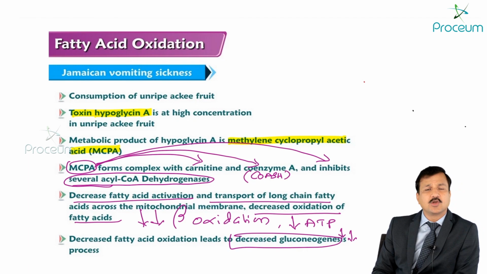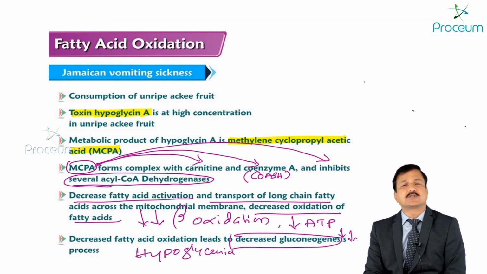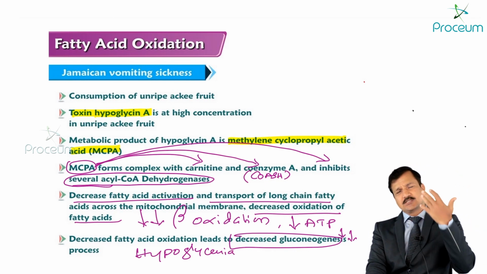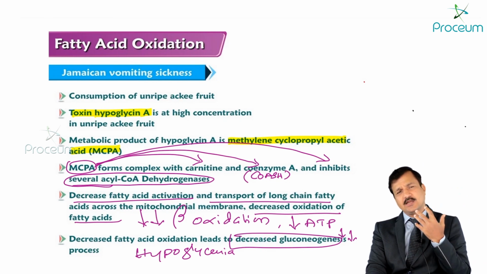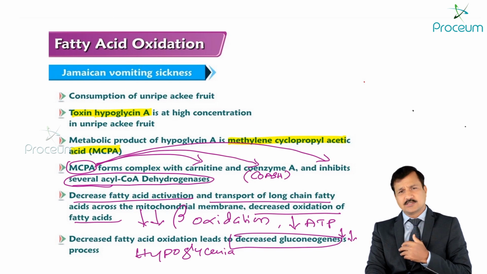And when the decrease in gluconeogenesis happens, it will lead to hypoglycemia, especially when the person needs glucose, like when there is severe vomiting and dehydration. Hypoglycemia is setting in because of the decrease in gluconeogenesis, right?